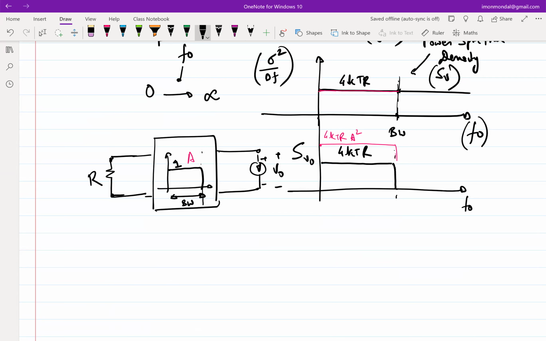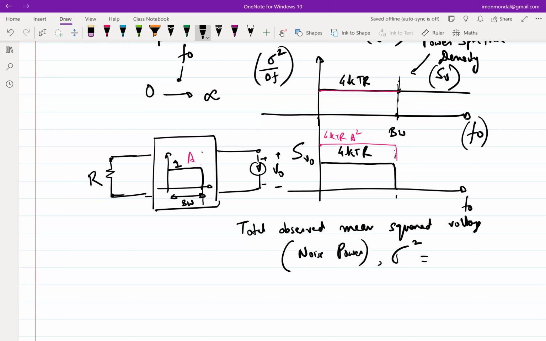So the total observed noise power, mean squared voltage, or the noise power, sigma squared, essentially all of these are the same thing. These are different nomenclatures we will keep using, so we are going to stick to that. So it becomes 4 kTr A squared times BW.